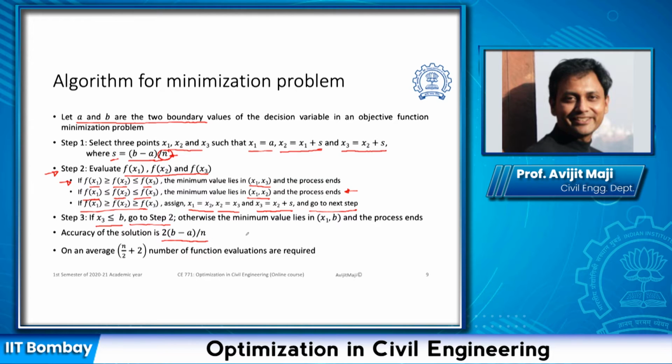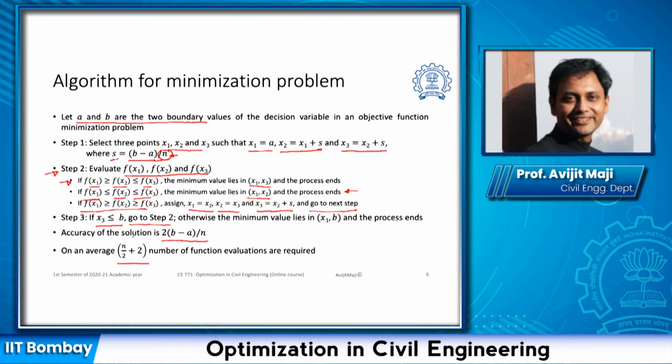If we know the accuracy, we can find the number of steps needed to reach it on an average. Once we know the number of steps, we can easily calculate the number of function evaluations required, which is given by n by 2 plus 2. This is on an average, not always.